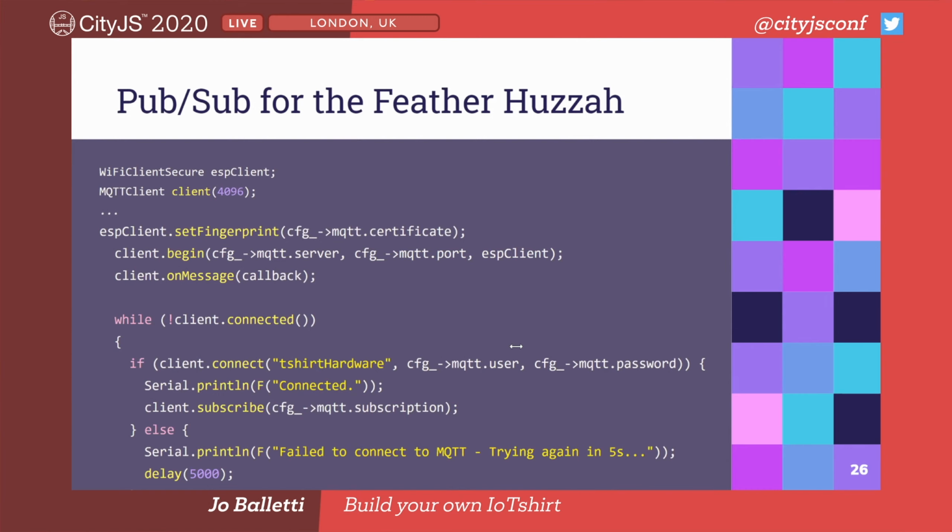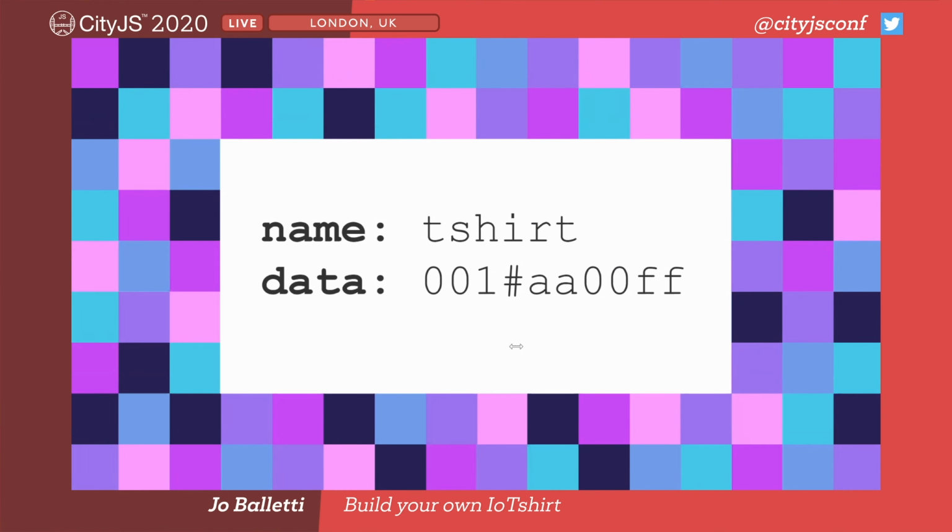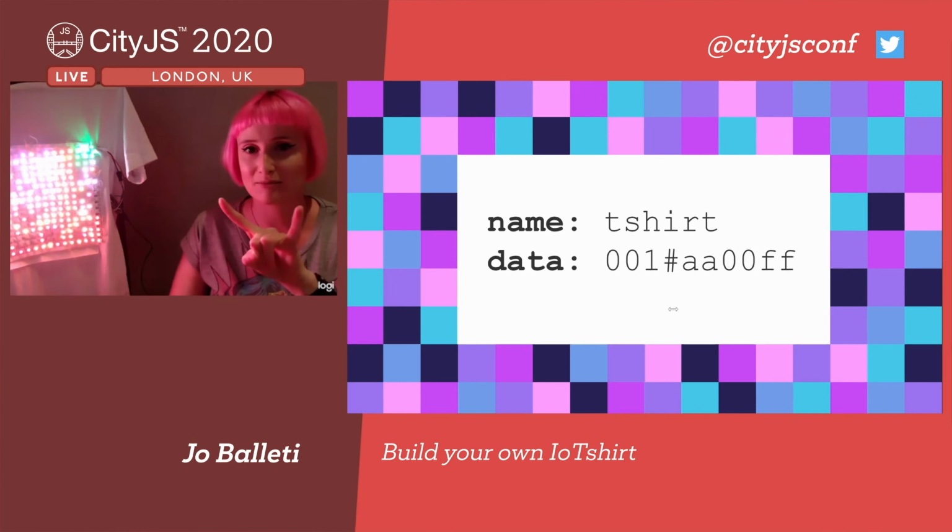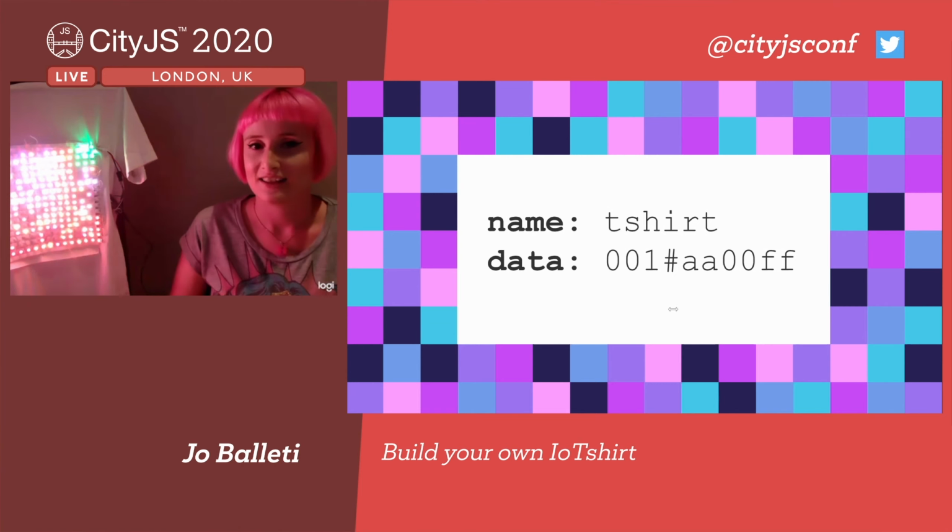And then when a message is received, we can process it with onMessage. So let's say we received the example message that I showed earlier. So this one here. What we will do when we receive that message is we first need to split out the square number and the color so that we can set the correct color on the correct LED.